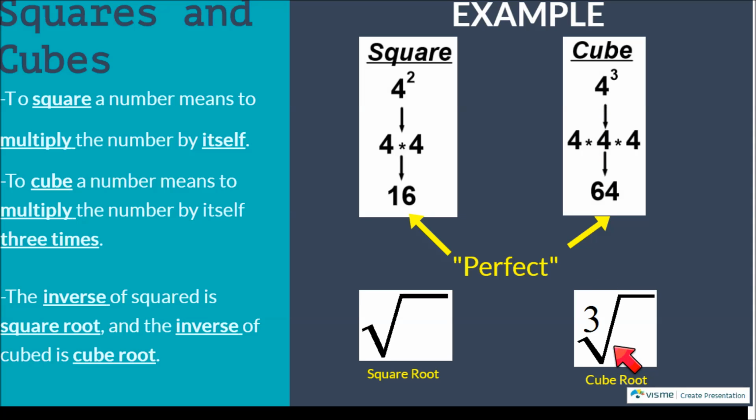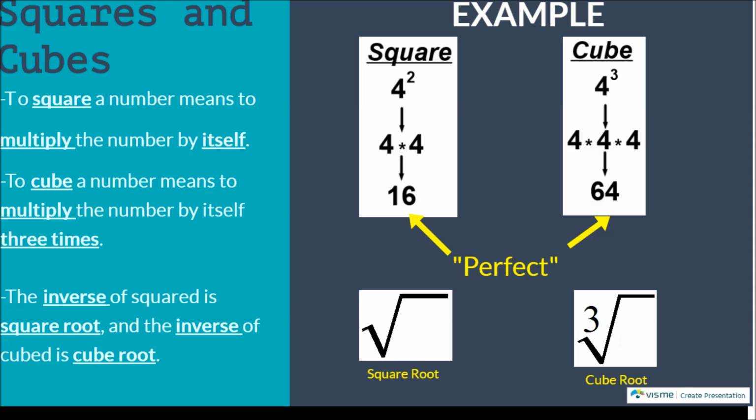Everybody say cube root. This is really just the basic vocabulary. We will use these two items a little bit later on, so we're not going to go too far in depth, just that we're familiar with these symbols meaning square root and cube root. The only difference is that for a cube root, you put this little 3 here. Otherwise, square root still looks the same as cube root. Again, cube root just has a 3.